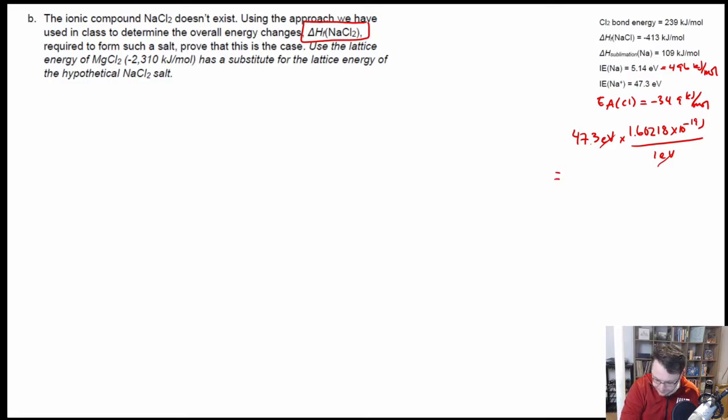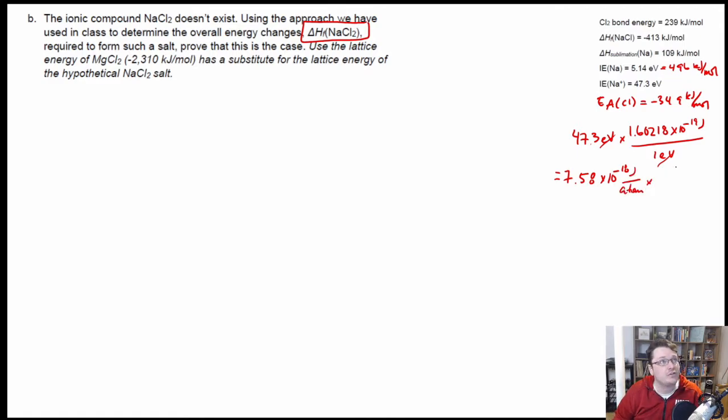What we get is 47.3 times 1.60218 times 10 to the negative 19 comes out to 7.58 times 10 to the negative 18 joules, right? And that's going to be joules per atom then.